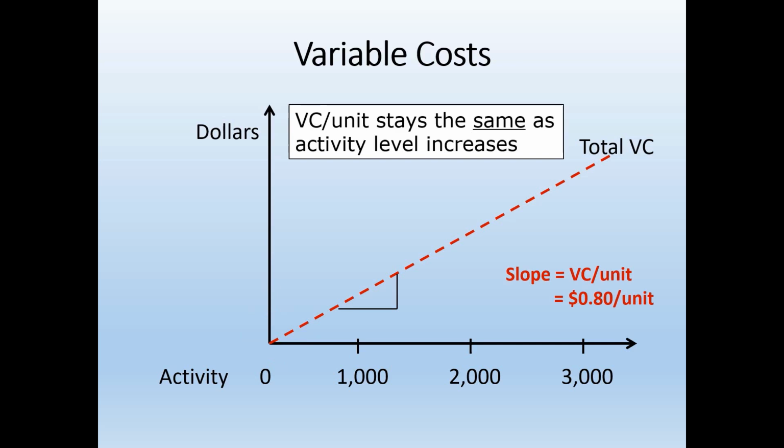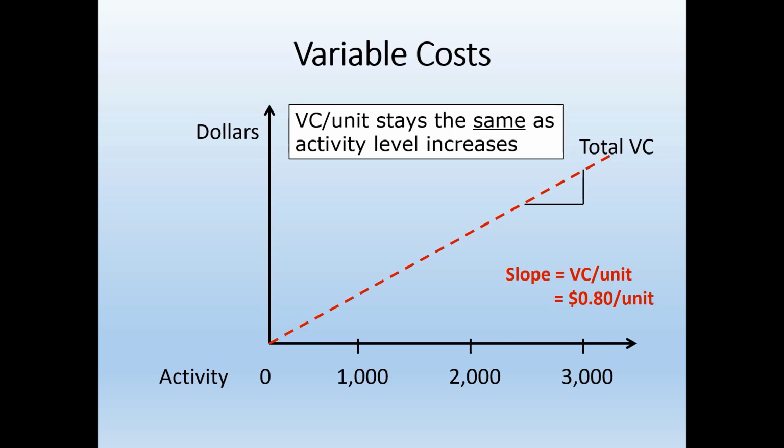The slope of the total variable cost line is the variable cost per unit, in this case 80 cents per unit. And we can see that the slope stays the same as the activity level increases. That's what makes this a straight line.